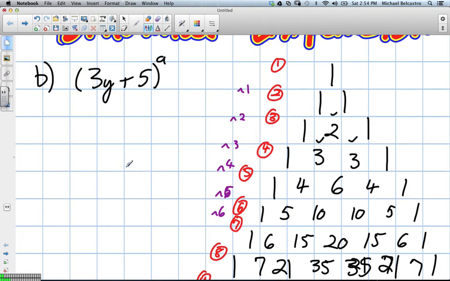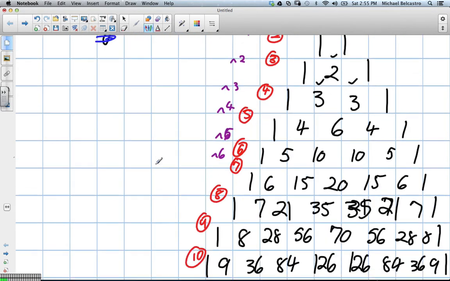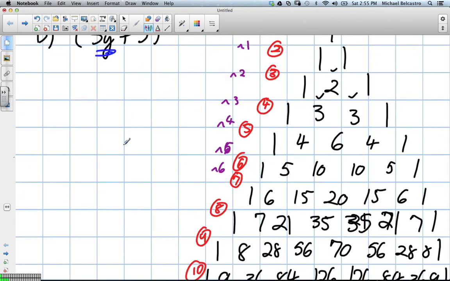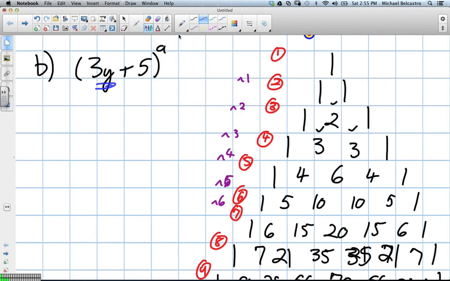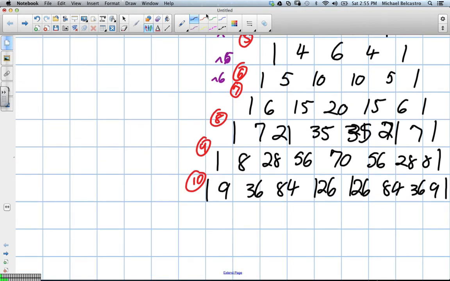Along with that, we have to keep in mind that our exponents are going to be dropping from left to right. So when they usually set this up, they usually call this A plus B, and squared. And what happens is when you get to this row, and I guess I'll draw it down here when we talk about A plus B, the first term in this case is going to have the power of 10, so our A will actually be an A to the 10.